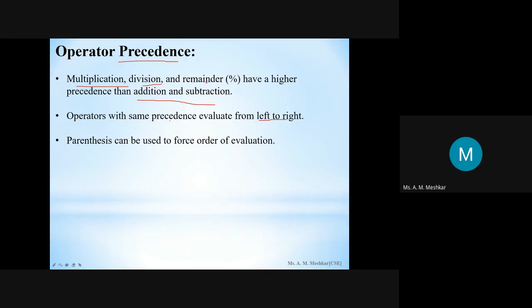If there is division and also multiplication, whichever comes first from the left-hand side is evaluated first, and then the second. So you know how to evaluate a regular algebraic expression. This is just a kind of revision.